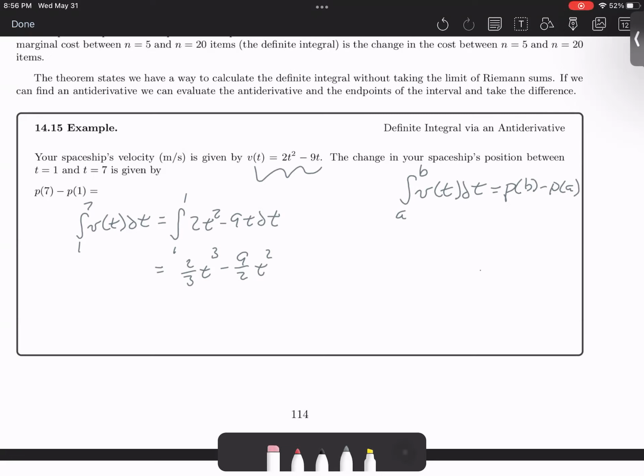I'm going to take this antiderivative and evaluate it at the 2 points. Oh, I don't know why that reads 1. Should be 7. I want to evaluate it from 1 to 7.